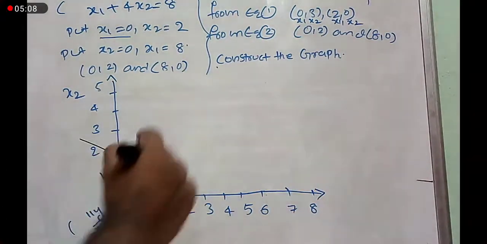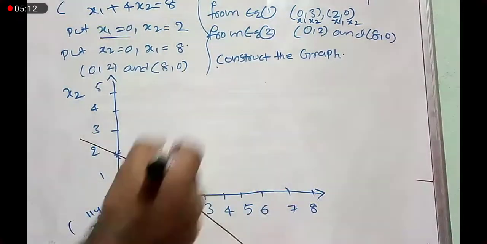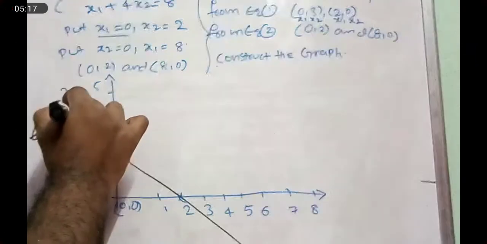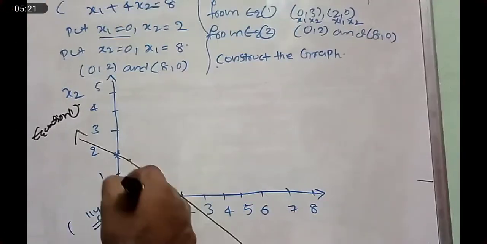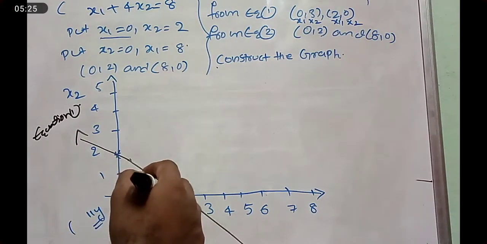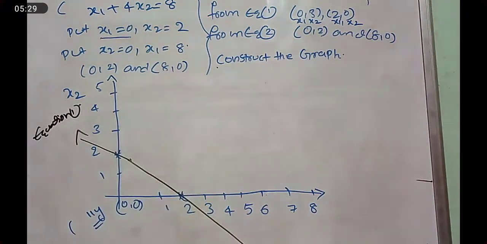Whenever you solve a graph problem, you can use graph paper so that it is easy to identify the coordinates on the x-axis as well as the y-axis. x1 is considered the x-axis and x2 is considered the y-axis. So we place the coordinates for both on the graph.